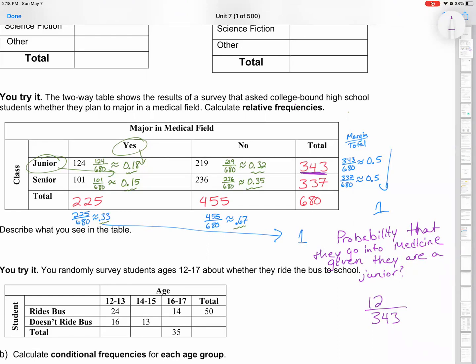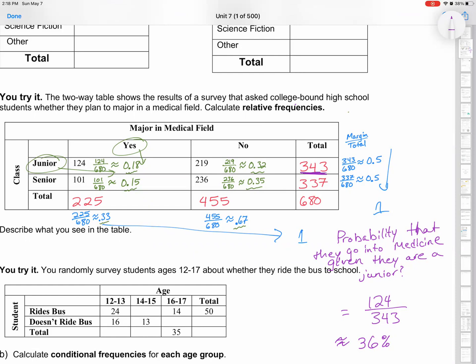So 124 wanted to do that. And so as a result, we would then just divide these two values. And we see that there is about a 36% chance that they, given that they're a junior, are going to go into the medical field.